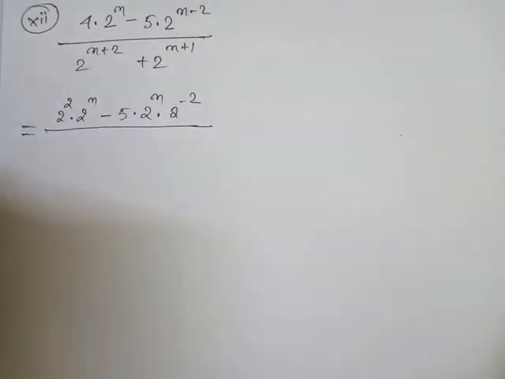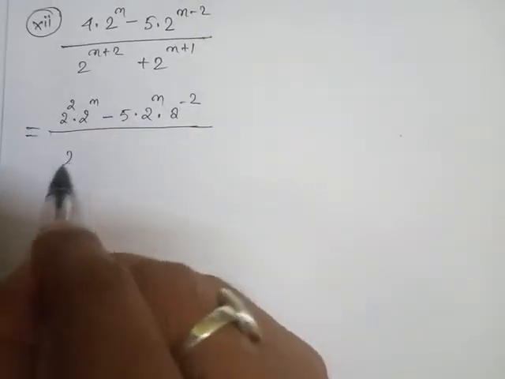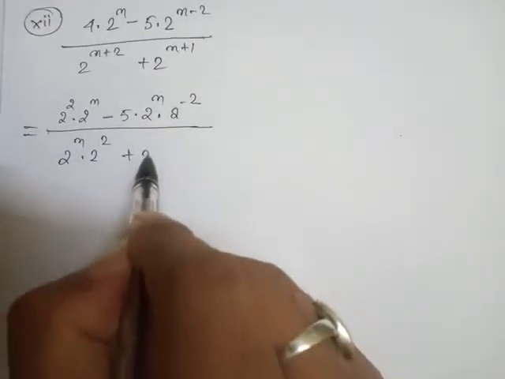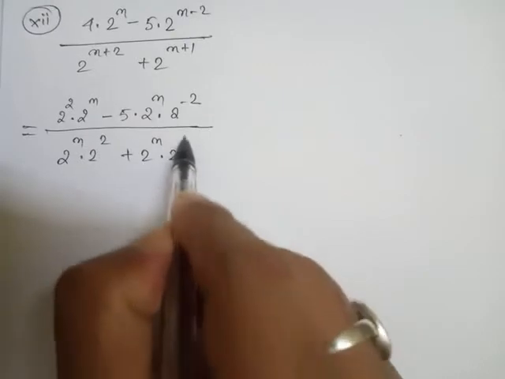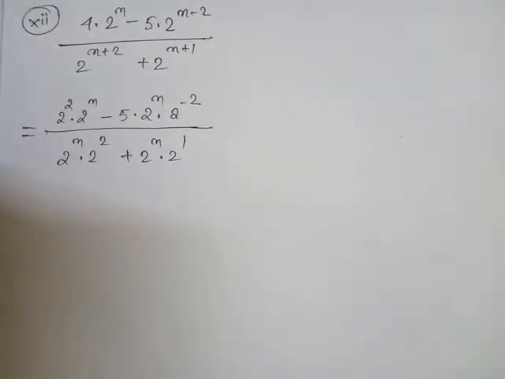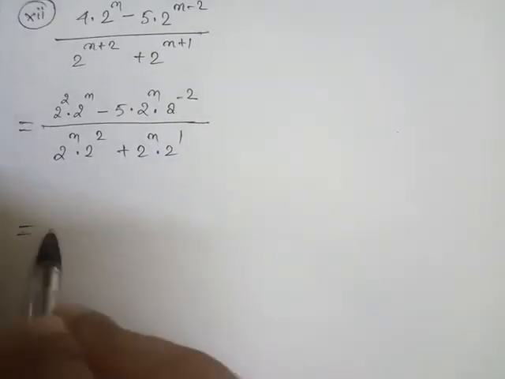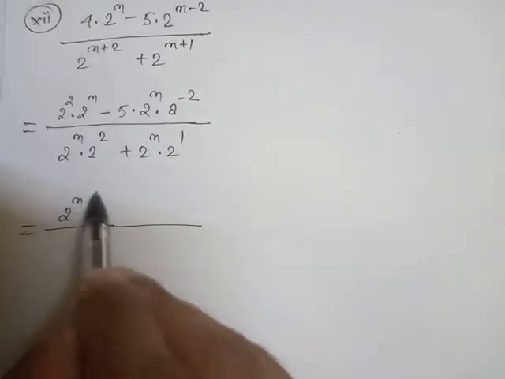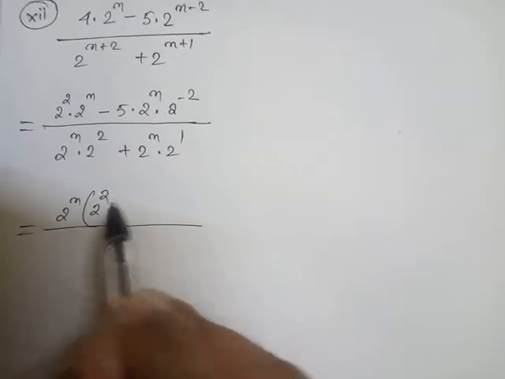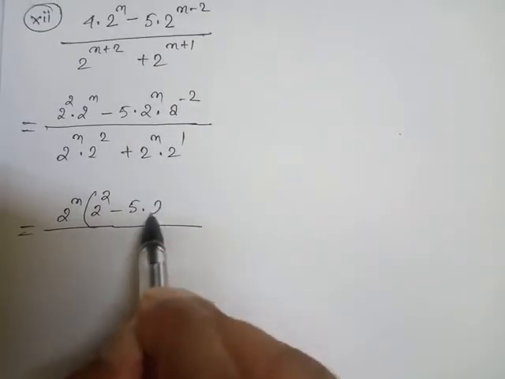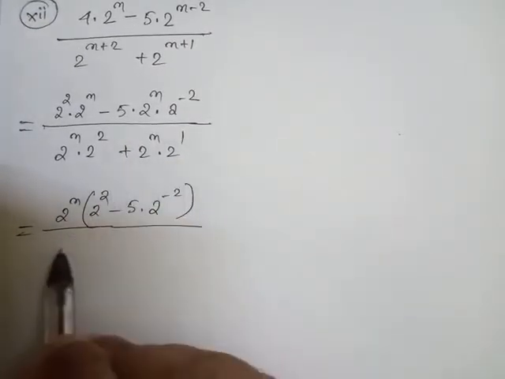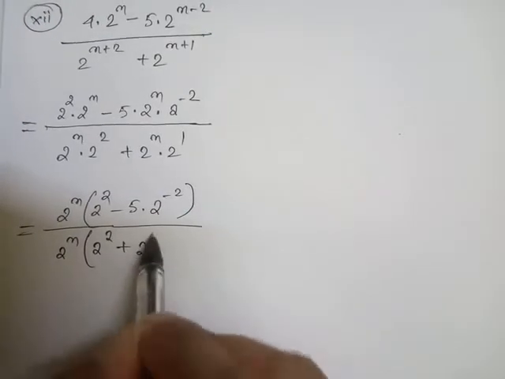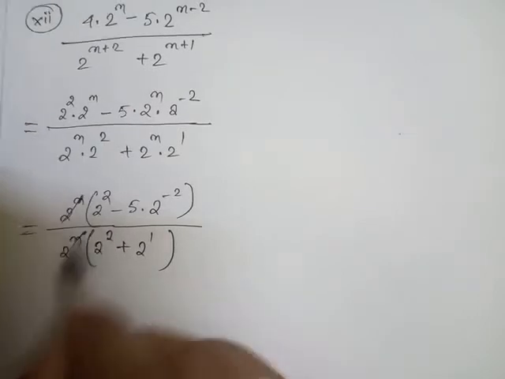Just split up, and here also 2 to the power n into 2 to the power 2 plus 2 to the power n into 2 to the power 1. Now after that students, if I take 2 to the power n common, so 2 square minus 5 into 2 to the power minus 2, then 2 square plus 2 to the power 1. Now the two 2 to the power n will be cancelled.